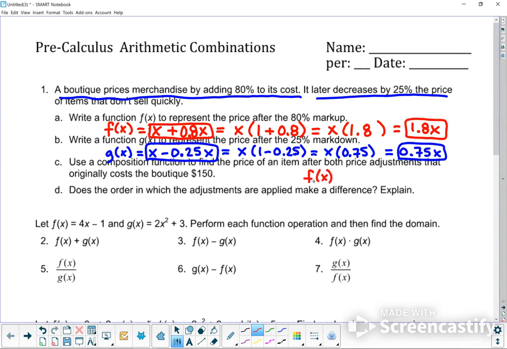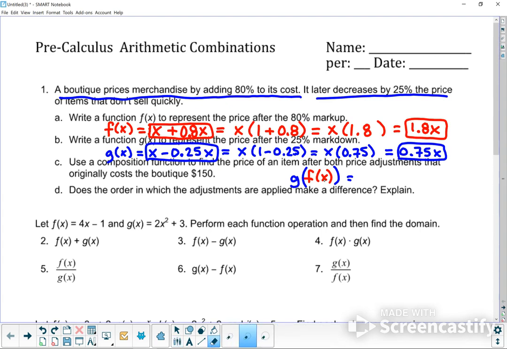And then when we do the 25%, that's g of x, which is the outer function. So this should actually be g of f of x. Okay, and we want to find out what that is. Again, it says they want you to find the price after both adjustments, given the original cost of $150.